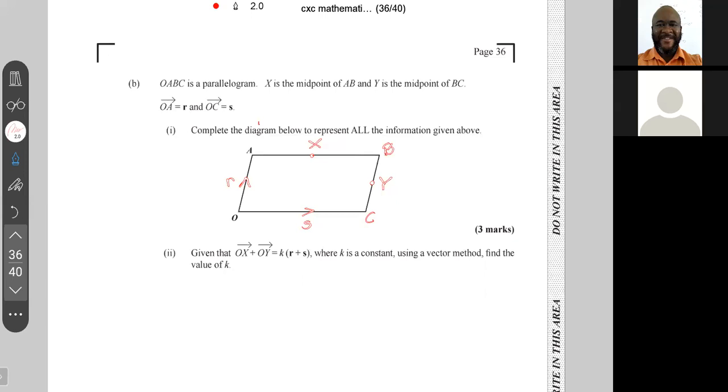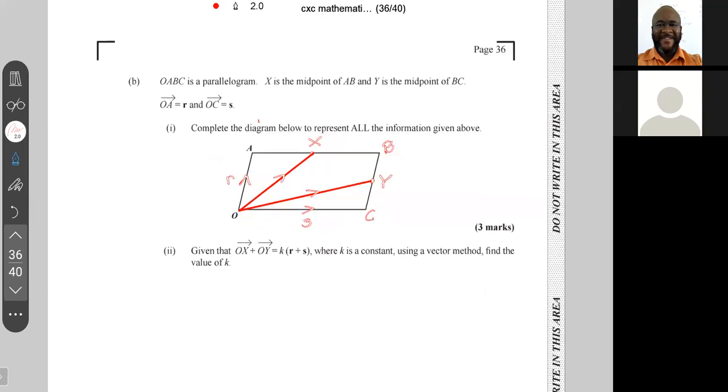Then given that the vector OX plus the vector OY is K into R plus S, where K is a constant, using a vector method, we need to find the value of K. So let's find the vector OX and the vector OY, and then add them together.